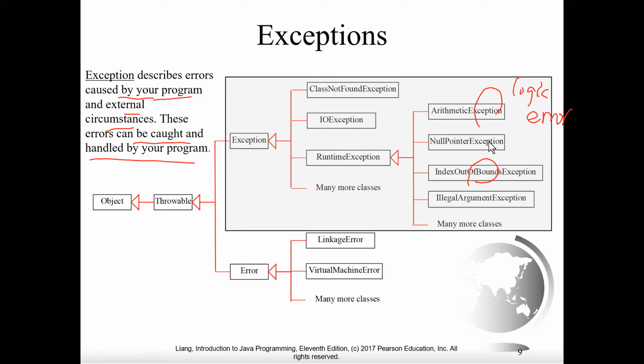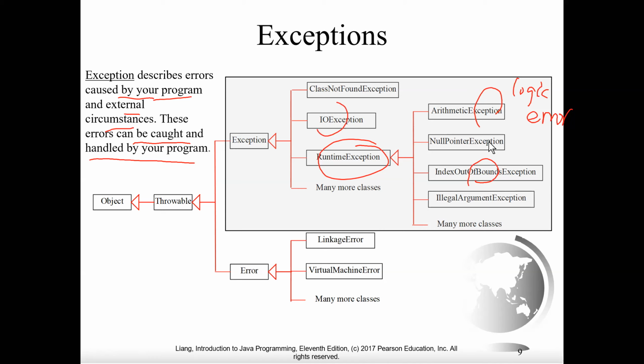And arithmetic, index, and null pointer exceptions listed here also belong to RuntimeException. When your program runs, the exception may occur, and if we do catch them, then it won't impact your program execution. Your program can continue to run gracefully.